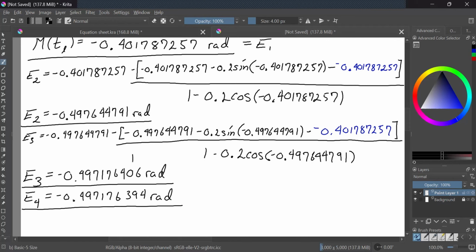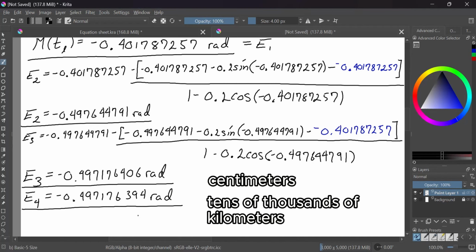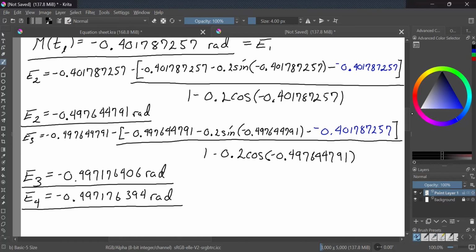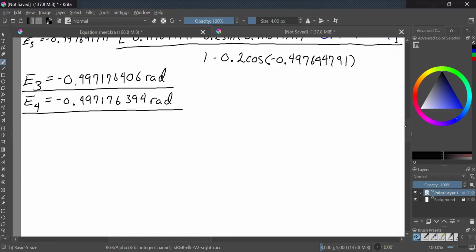It's one more decimal over. When you start getting changes that small, it's not really worth continuing because you're talking about changes in inches or changes in centimeters over spans of kilometers. So it's really small at that point.